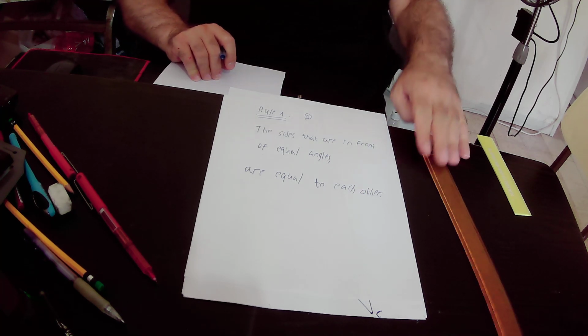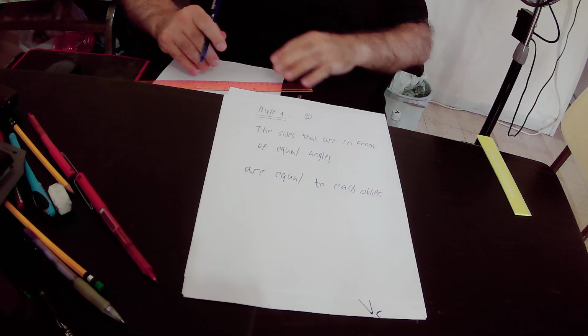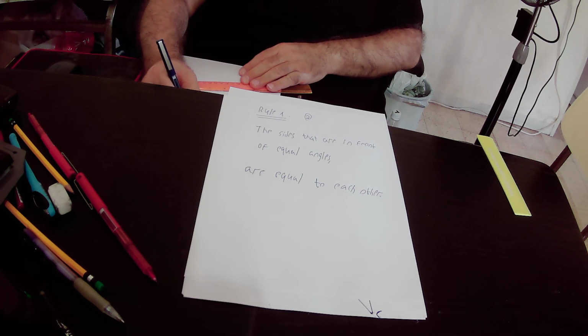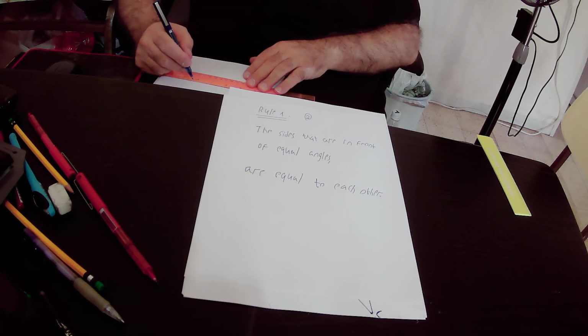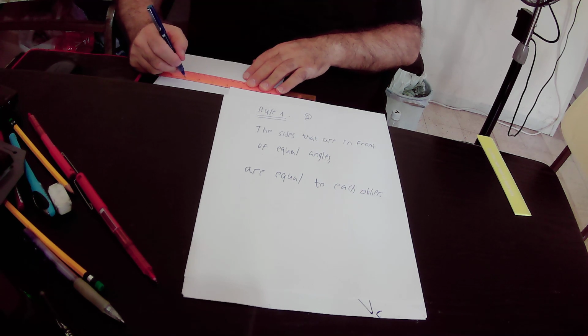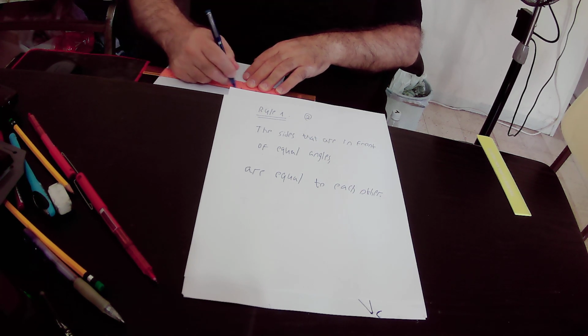So actually, if you have a triangle ABC, that can be any triangle, it is not necessarily our triangle.